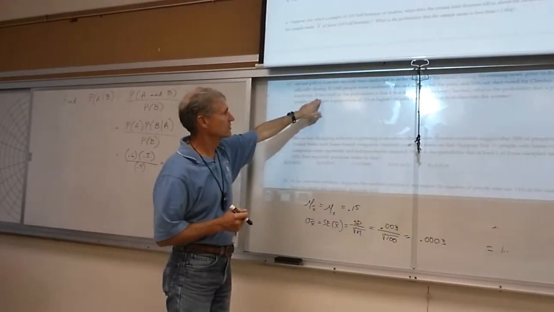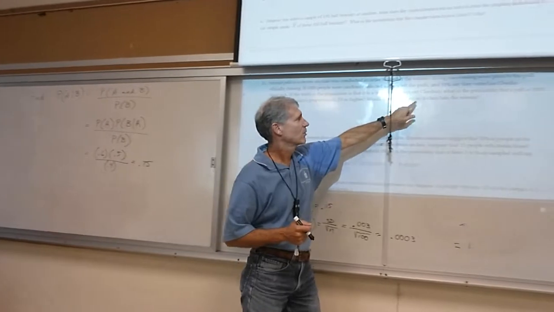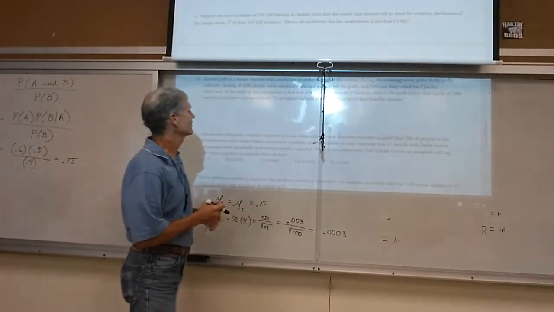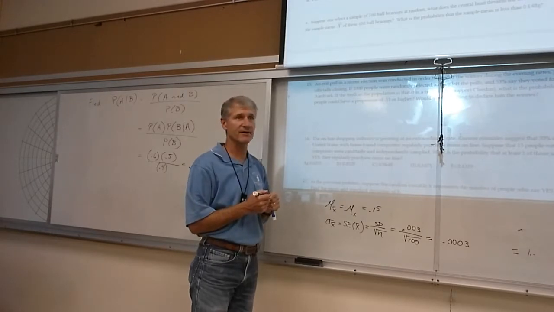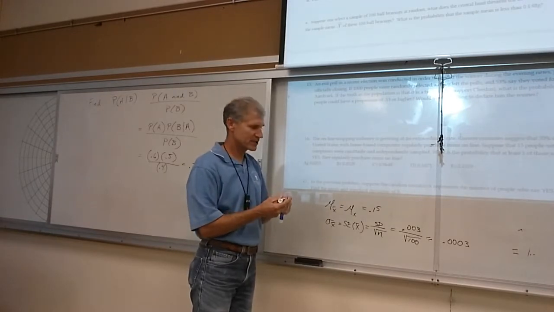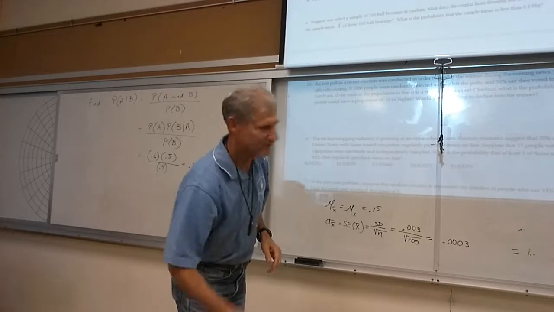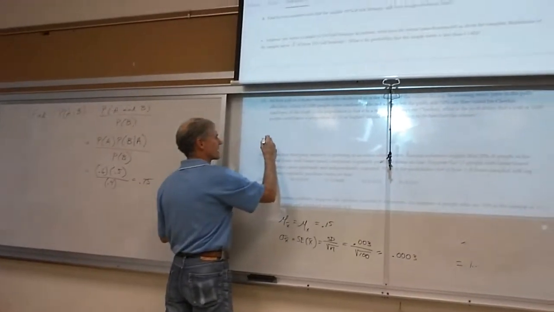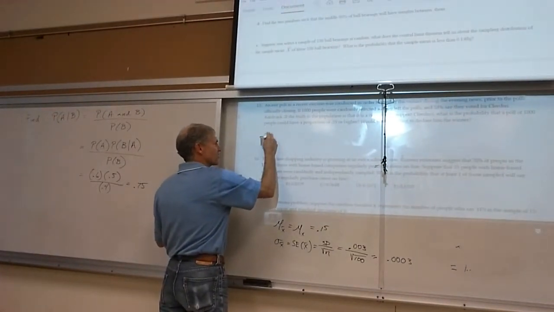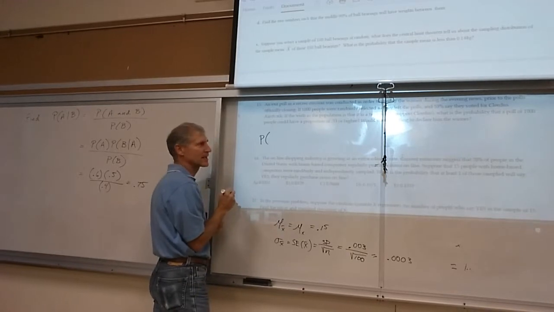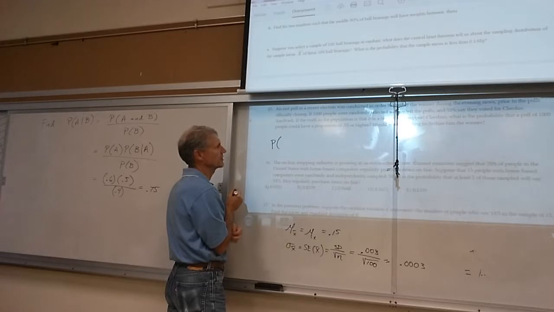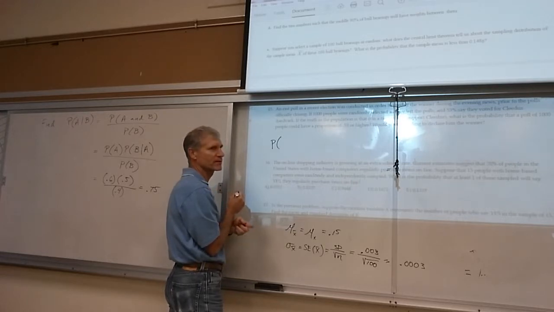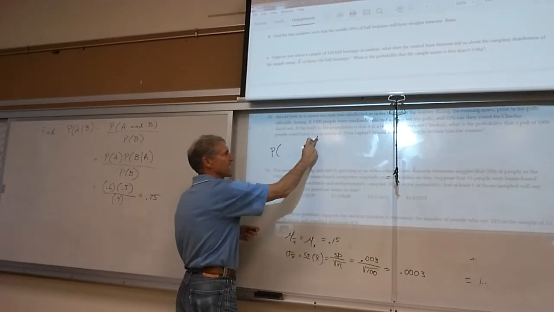So if the truth is that it's a tie, what is the probability that a poll of 1,000 could have a proportion of 0.53 or higher? Would you be willing to declare him the winner based on that? So what does it ask for? I like to start with a probability statement. What's the symbol for a sample proportion?